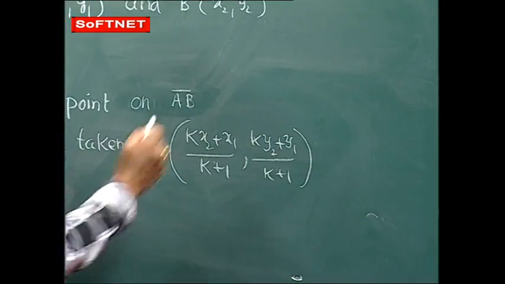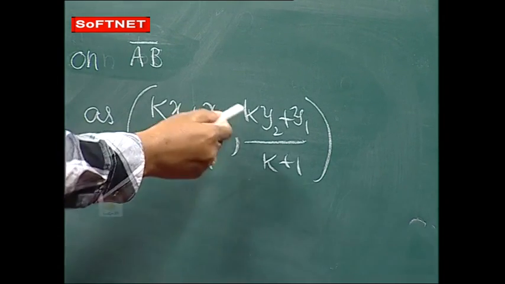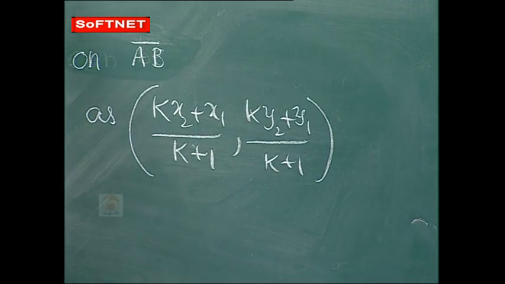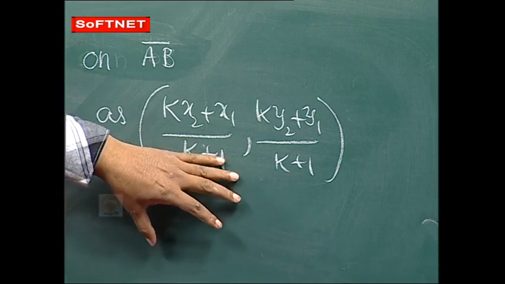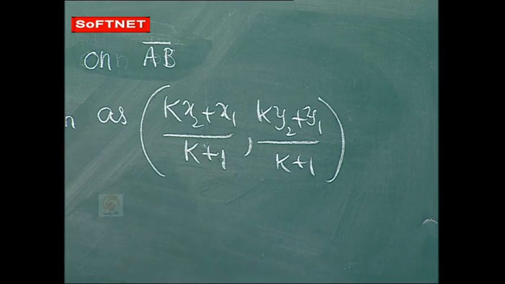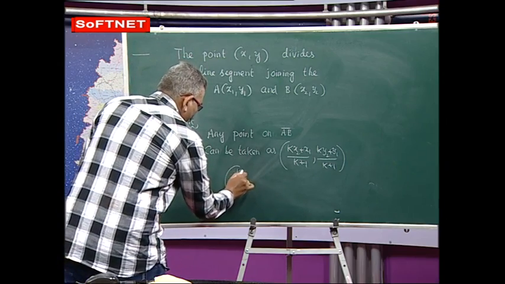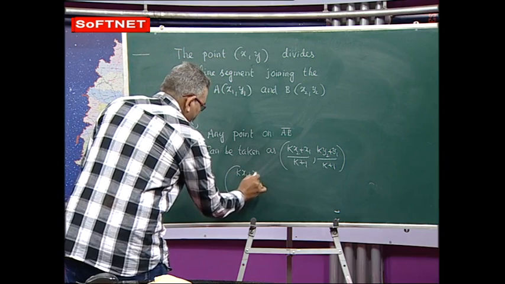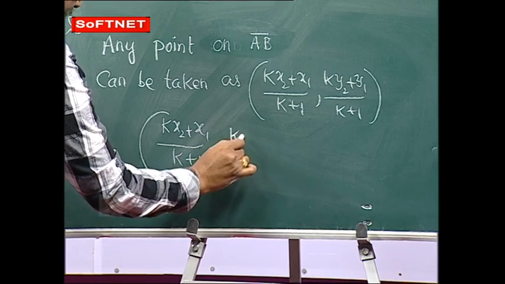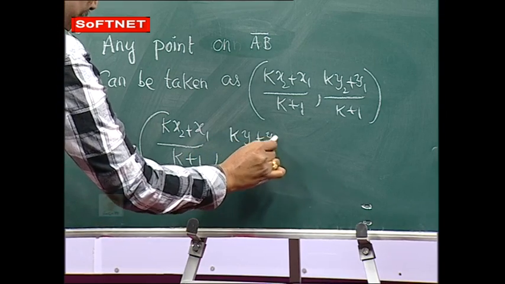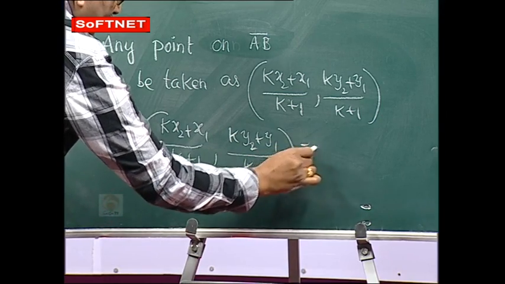Okay, you might have recollected this one. So, instead of this, (x, y) is given. That means now this is being equated to (x, y). Suppose (kx2 + x1)/(k + 1), (ky2 + y1)/(k + 1) equated to (x, y).